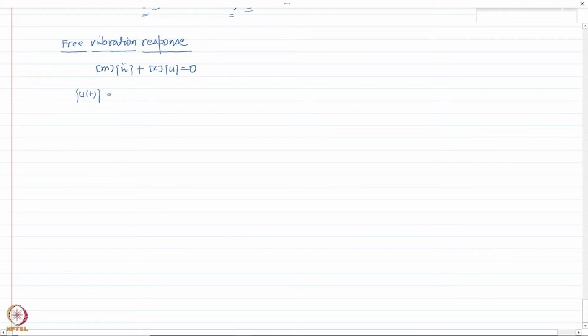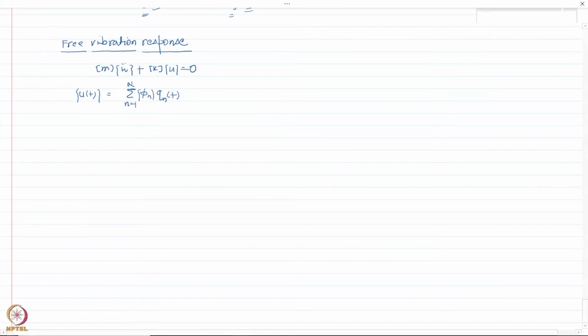This is nothing but the linear sum of all the mode shapes, summation n equal to 1 to n of phi n times qn. Now it is a function of t, so we need to find out this qn of t.